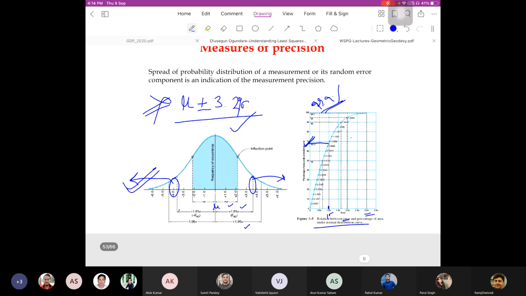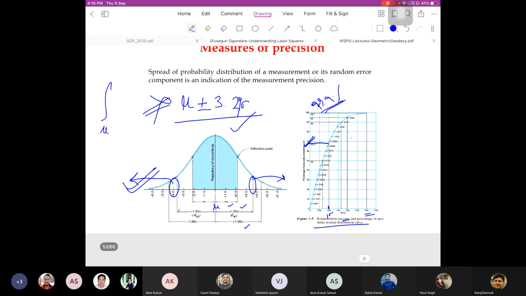Obviously, mu plus minus 1 sigma is the probability with which the observation will fall between mu plus minus 1 sigma. So the percentage area under the curve and probability are related. Why? Because you have to answer it from the integral itself.